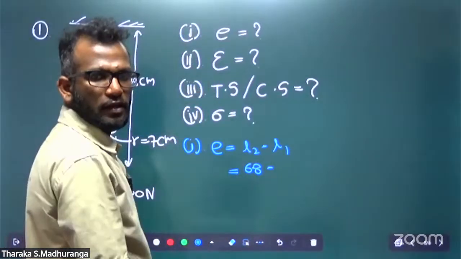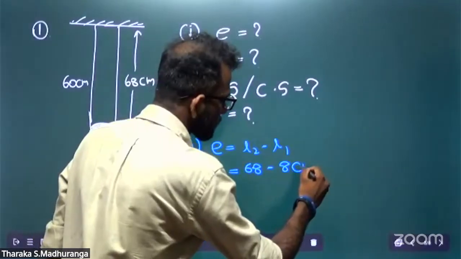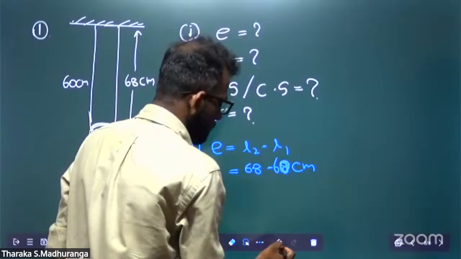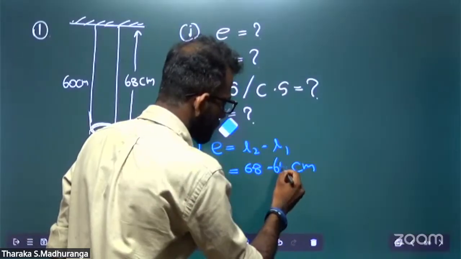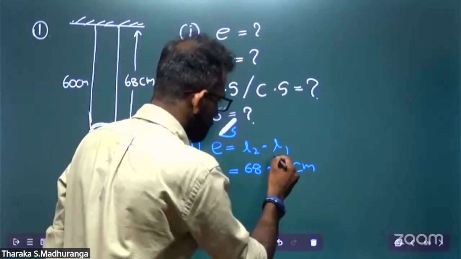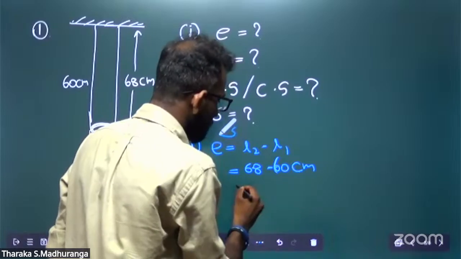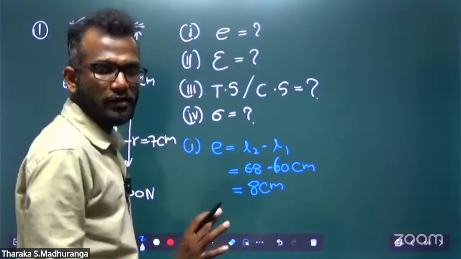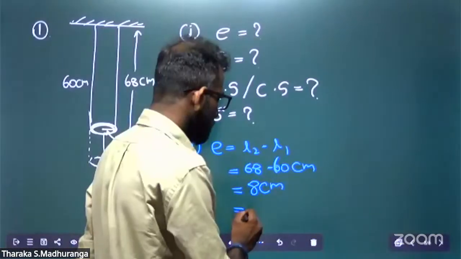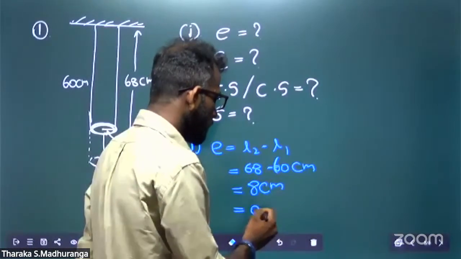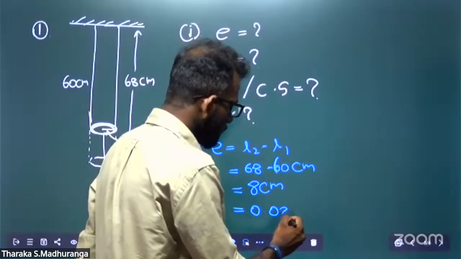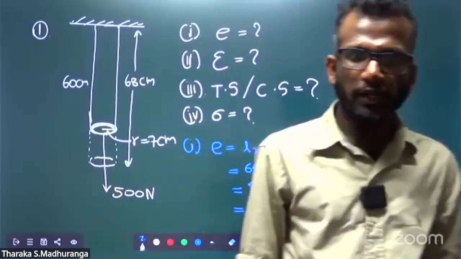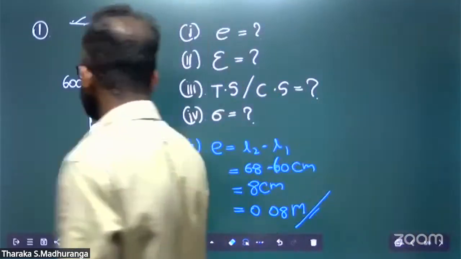The initial length is 60 centimeter. The answer is 8 centimeter. I told we can't put answers in centimeters, therefore we need to convert into meter. It is 0.08 meter. 0.08 meter is the elongation. First part answer is 0.08.